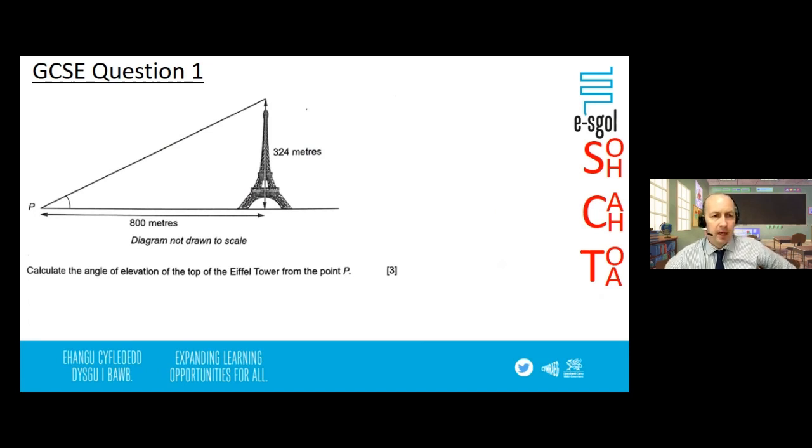Point P, which is just the point on the ground, is 800 meters away from the center base of the tower. It's asking us to calculate the angle of elevation, and straight away, this term angle of elevation is used, to the top of the Eiffel Tower from that point P. So if you could pause the video now and have a little try of that, I'll come back in and we'll go through it.